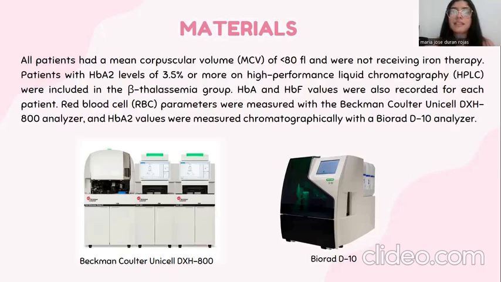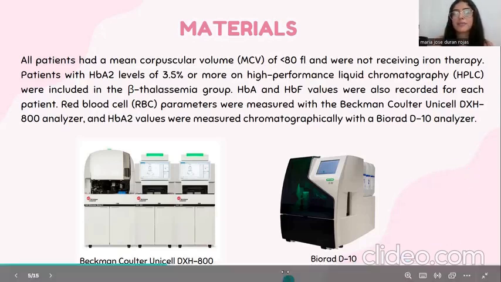Hemoglobin A and hemoglobin F values were also recorded for each patient. Red blood cell parameters were measured with the Beckman Coulter analyzer, and hemoglobin A2 values were measured by chromatography with a Bio-Rad D10 analyzer.